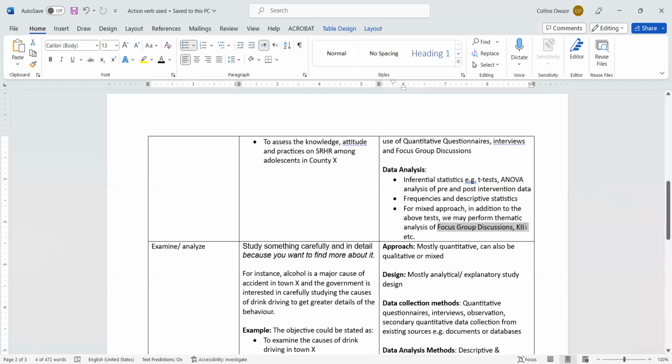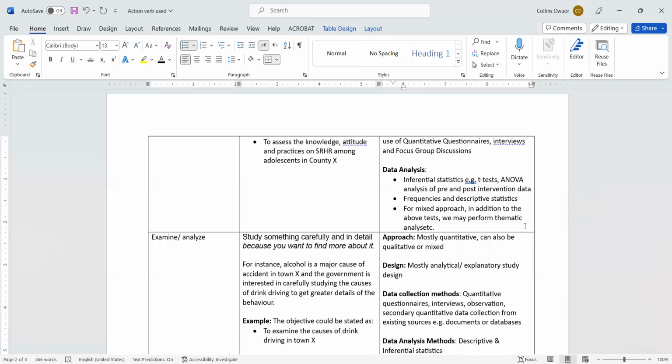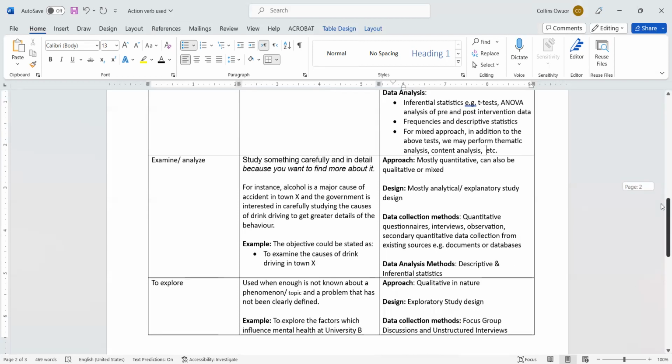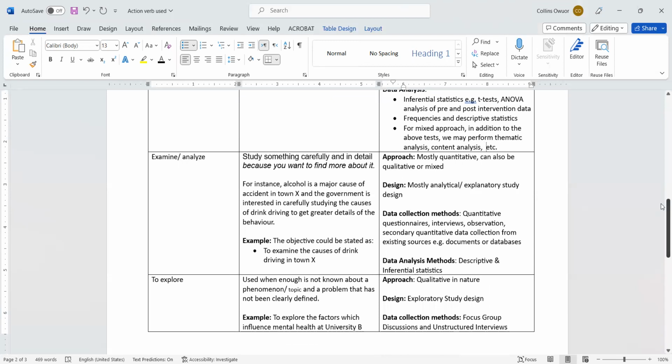This could include things like thematic analysis and content analysis, among others.